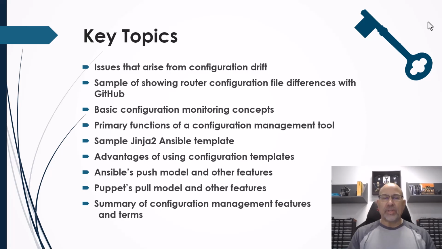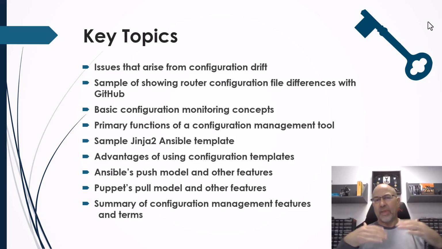The key topics in this chapter: issues that arise from configuration drift, and we'll talk more about what configuration drift is. The chapter has samples showing router configuration file differences with GitHub, but really that's just doing a diff on two files to show you what changed, so I didn't include that in this video. We'll talk about the basic configuration monitoring concepts.